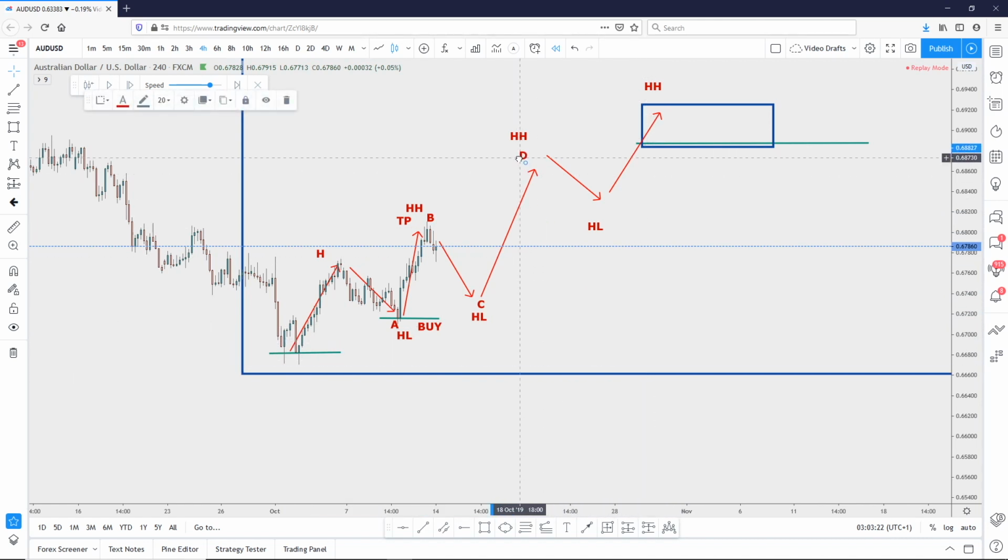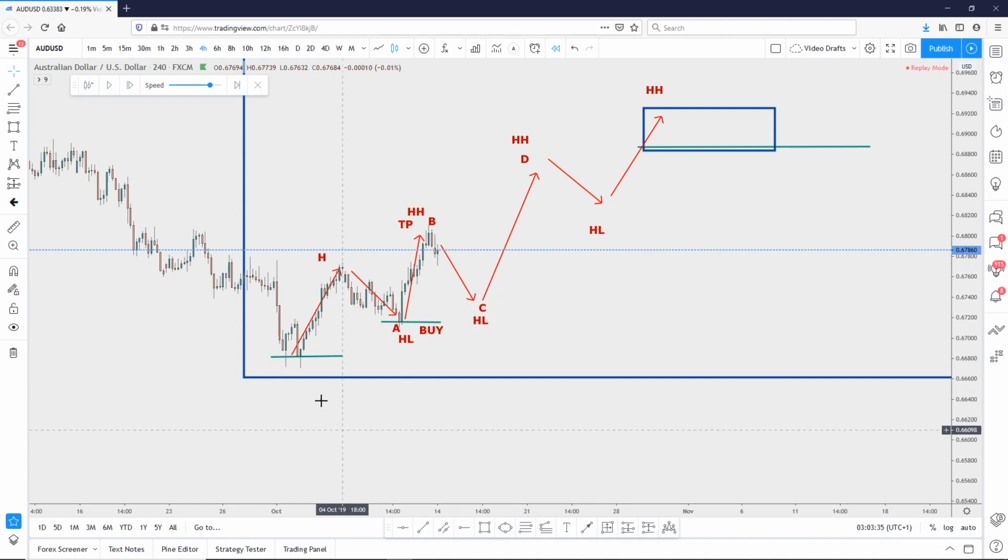And D is our take profit. Remember I said on that last page I showed you, this is the impulse wave, retracement, impulse wave, retracement. Well, now this is the second impulse wave. So we're going to measure this.